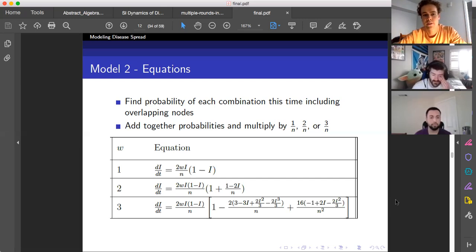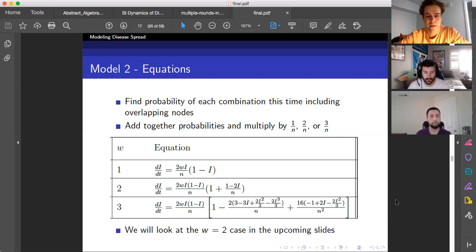You can see when W equals 1, that's the exact same equation that Jacob derived in the previous slides. For 2 and 3, there's a little more complexity because we're adding in the probabilities where we have the overlapping nodes. I am going to talk about the W equals 2 case, which is when there are 2 edges activated.